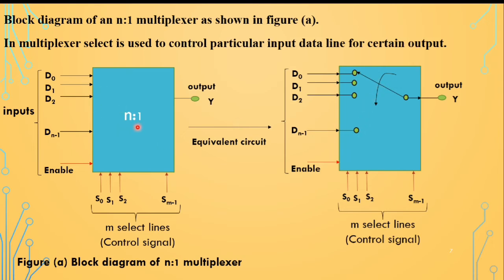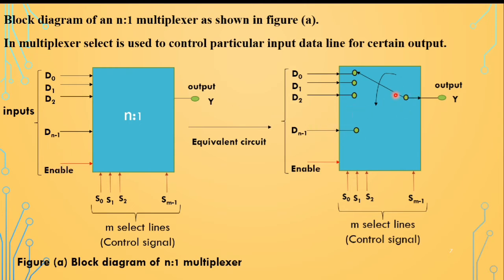In this n by 1 multiplexer, these are the inputs, this is the one output, and these are the m select lines, which control which particular input data line goes to the output. The enable is also an input, but the enable is always 1. So this is the equivalent circuit.